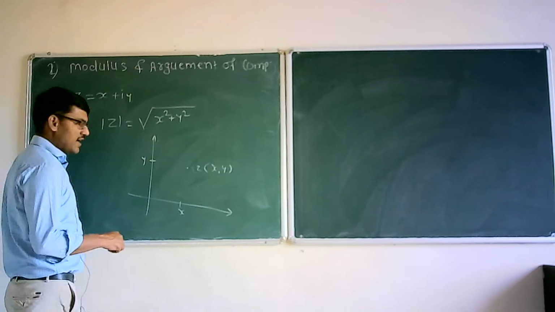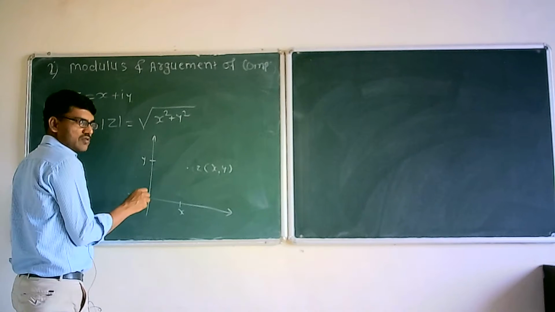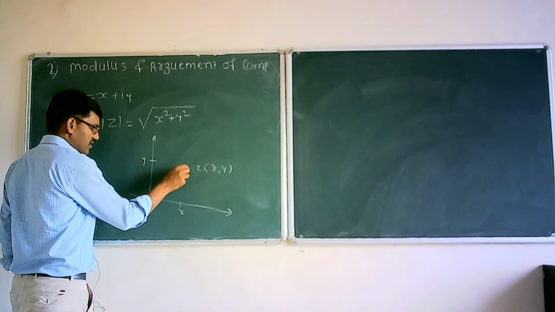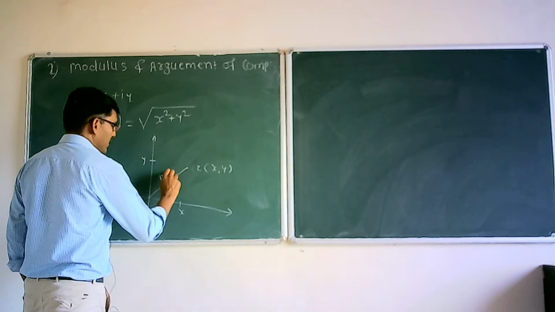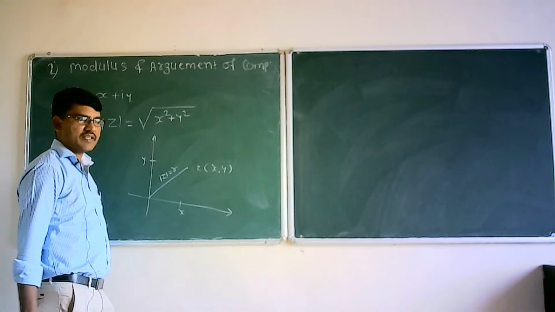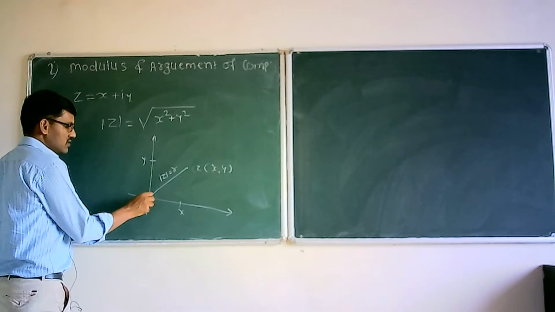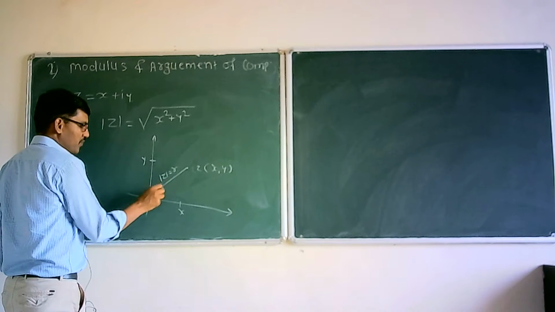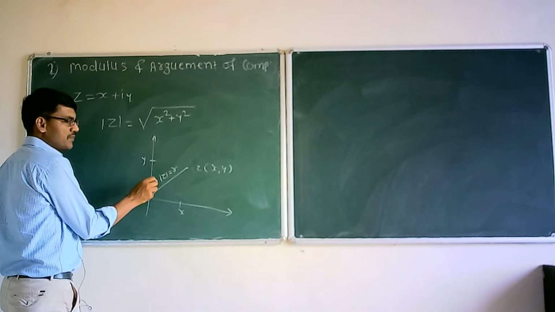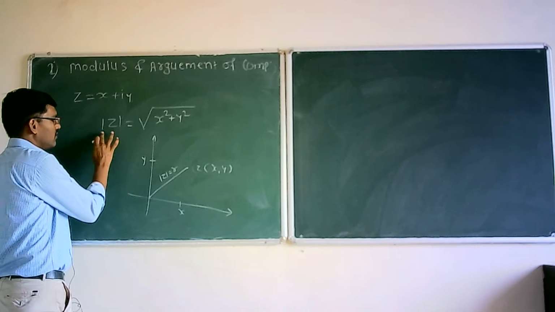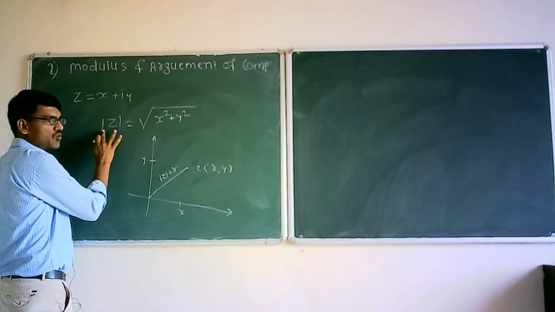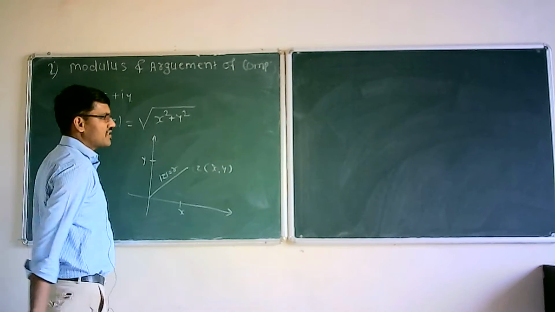The modulus of z represents the distance of this complex number from the origin. This part is called mod z. It is also denoted by small r. So the distance of the complex number from the origin is called the modulus of z, and it is denoted by enclosing the complex number in two vertical lines. It is equal to under root of x square plus y square.